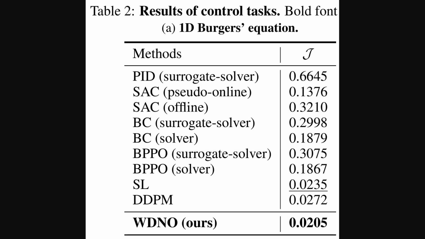Okay, so shifting gears slightly from the visualizations. Table 2 here gives us quantitative results, specifically for the control tasks. This part, Part A, focuses on the 1D Burgers' equation control problem. The column J represents the objective cost, so lower is better, meaning the control was more effective.